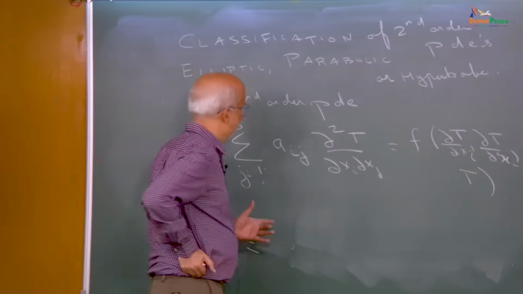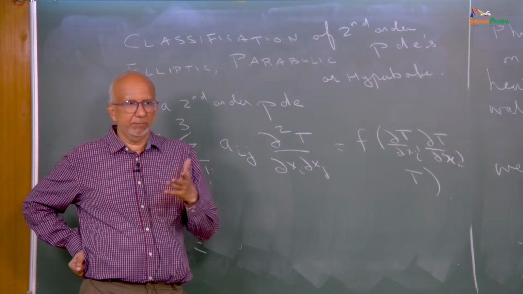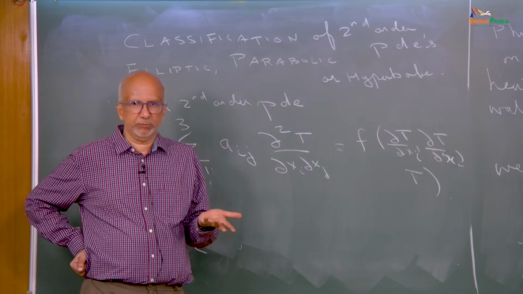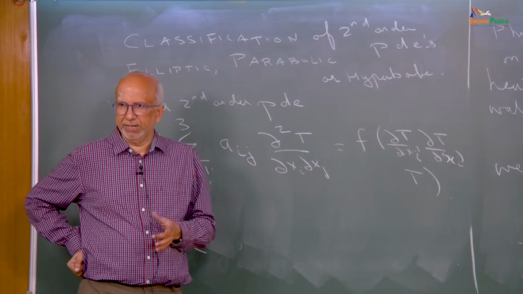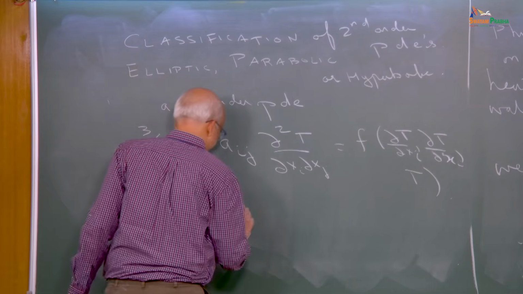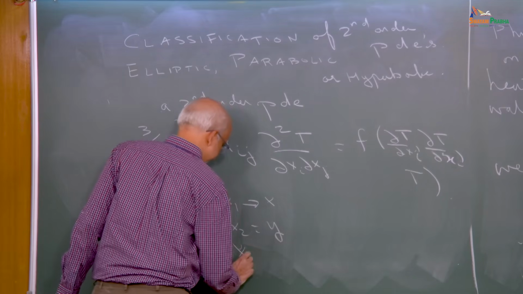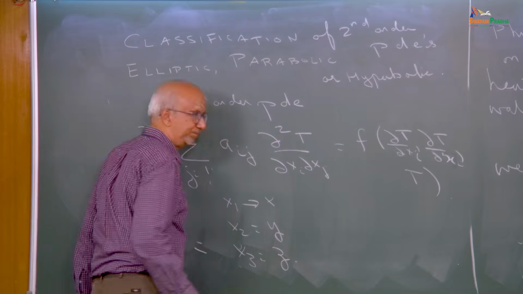And since we are going to look at physical problems, the maximum can have 3 directions x, y, z in Cartesian coordinates. So, x1 is x, x2 is y, x3 is z.